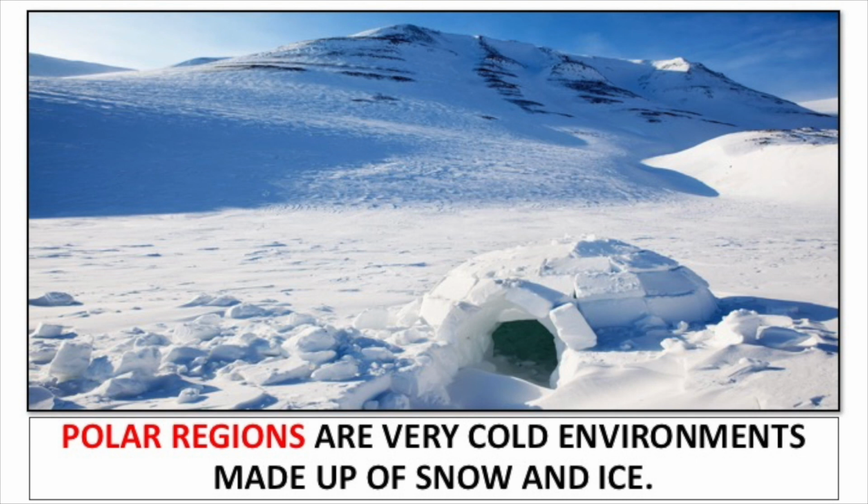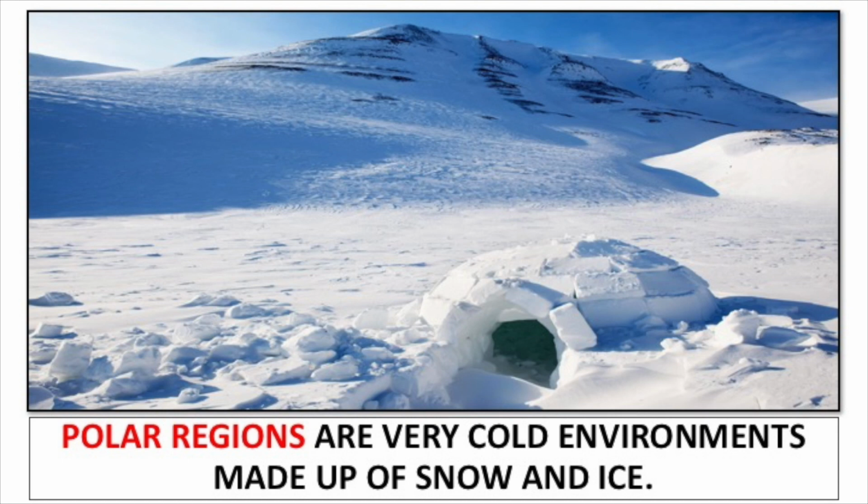Polar regions are very cold environments made up of snow and ice. Now remember recently when we learned about North Pole and South Pole. These are what we call the polar regions, where the snow and the ice is very cold.